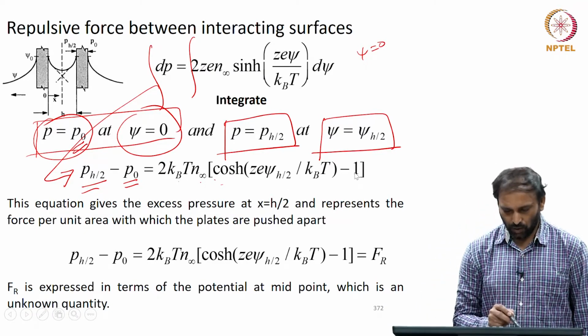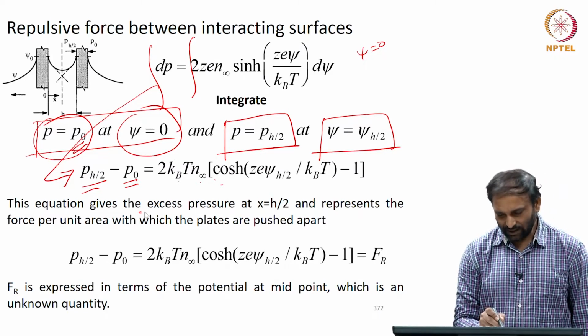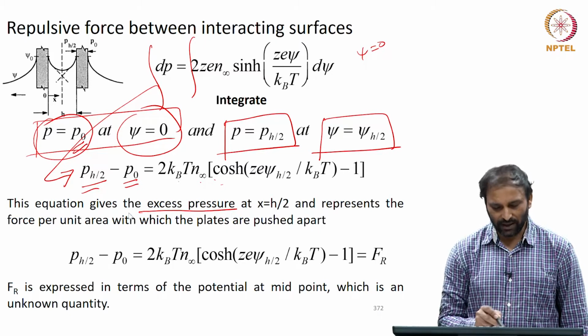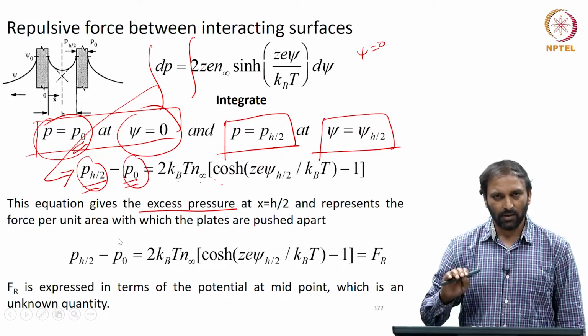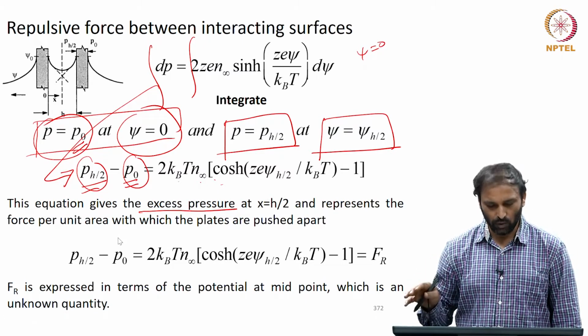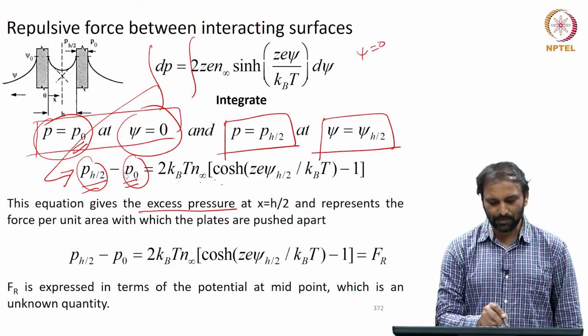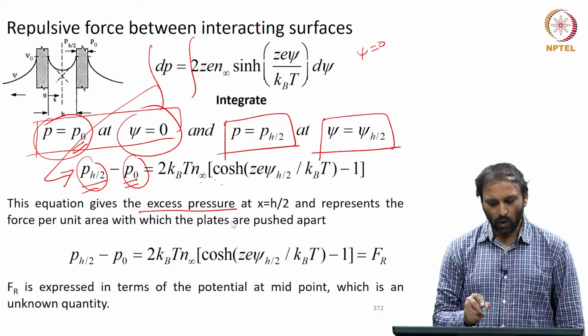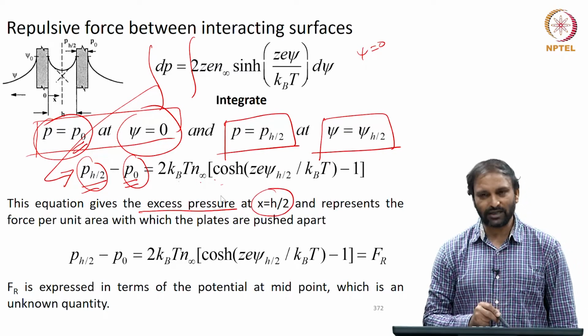This expression essentially gives the excess pressure, that is P h by 2 minus P naught. P naught is the osmotic pressure where psi is 0, and the difference between P at h by 2 and P naught gives the excess pressure at x is equal to h by 2.